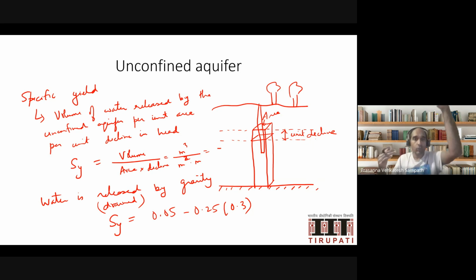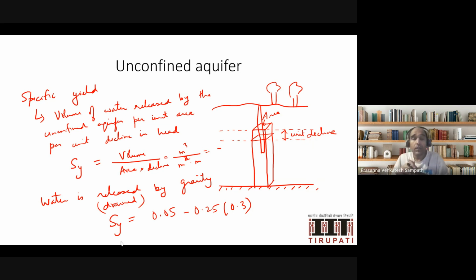So I have length cube in the numerator and length square multiplied by length in the denominator, and therefore I end up with a term that does not have any units. Now, the typical range of values that specific yield takes is anywhere between about 5%, 0.05 at the lower end, to around 25 or 30%, 0.25, 0.3.